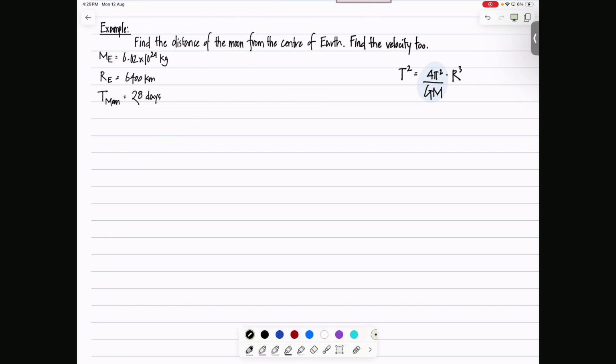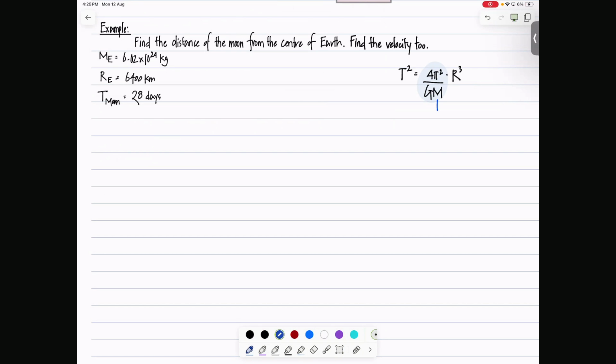Let me explain. So in this formula, this mass is the actual mass that the orbit goes around. So this is the central mass, and the small mass is not here. So that means the object that's actually going in a circle, its mass doesn't matter.